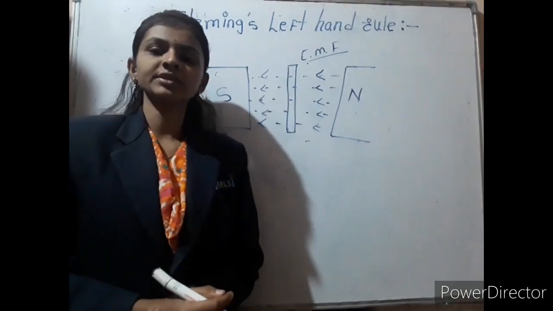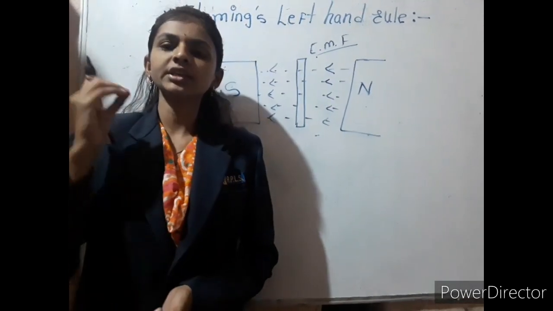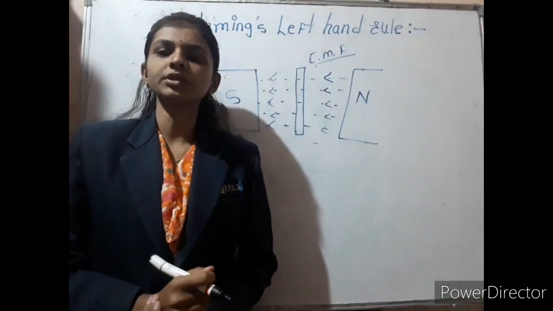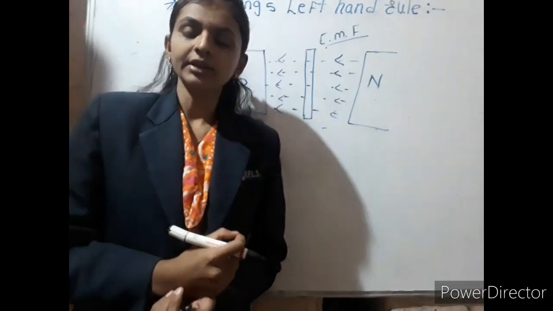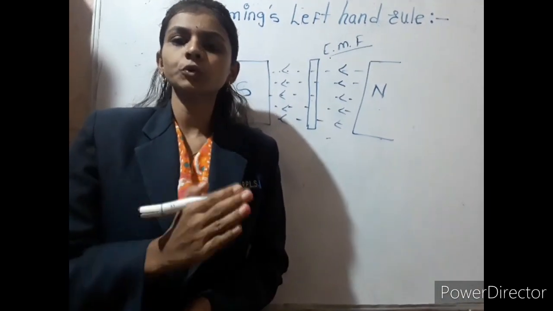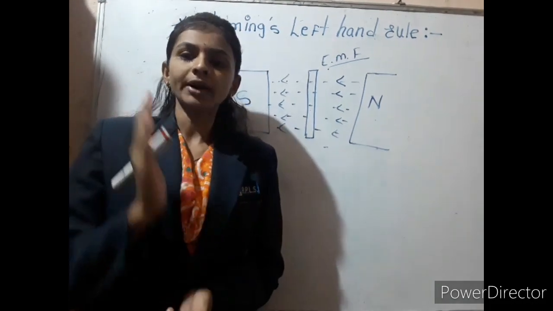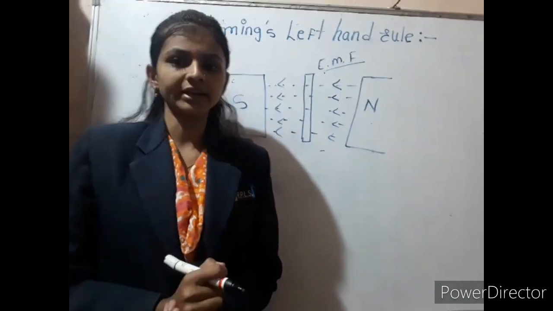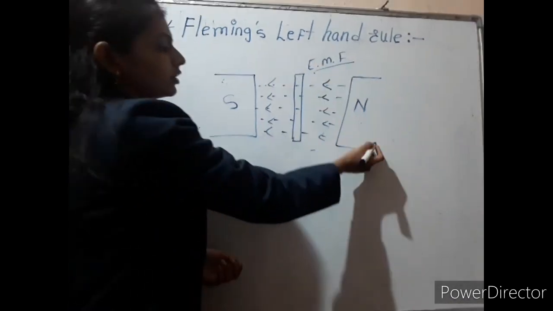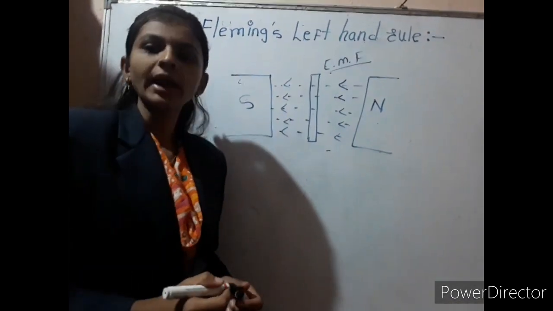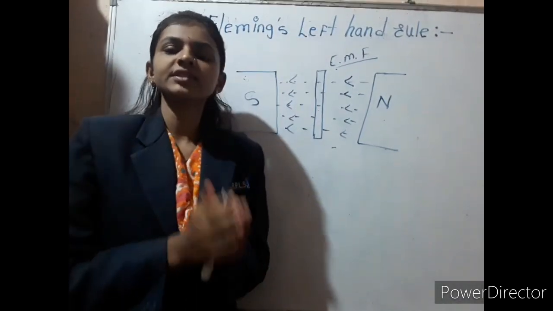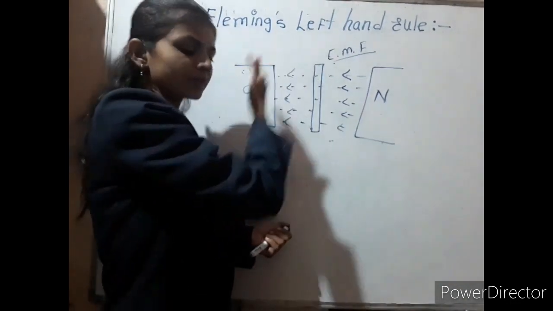Here EMF means electromotive force. This EMF is responsible for producing the voltage in the circuit, and voltage produces the electric current in the circuit. Once again, due to the two poles, north pole and south pole, the magnetic flux flows from north pole to south pole.